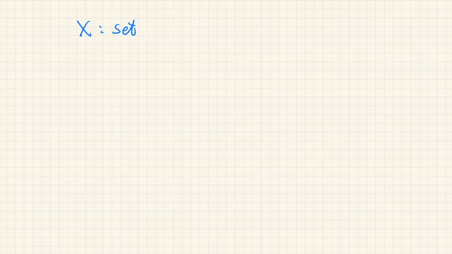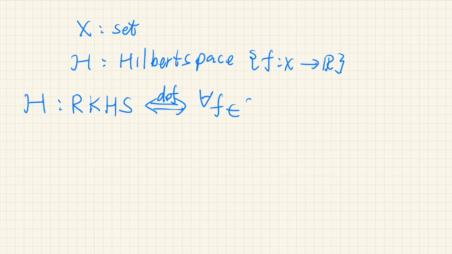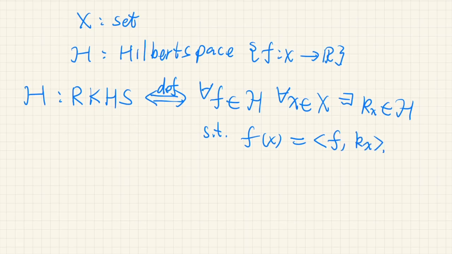Let X be any set and H be a Hilbert space consisting of functions on X. Then we say this H is a reproducing kernel Hilbert space if and only if, by definition, for any element f in H and any element x in the set X, there exists some function kx in H such that f of x, the application of function f on x, is equal to the inner product between f and kx. And this function kx is called a reproducing kernel.